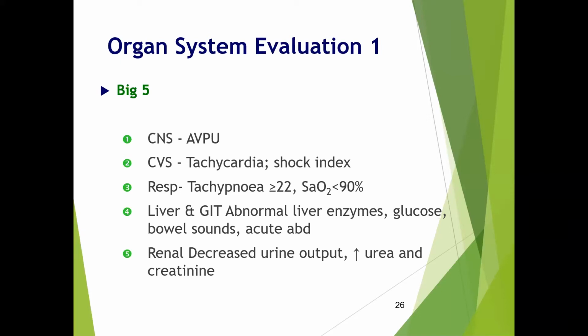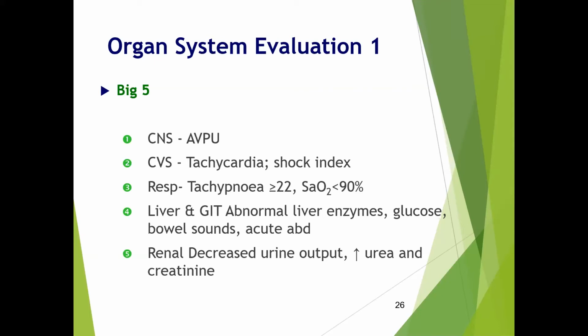Your CNS, crude AVPU, your CVS, look at your shock index, is the patient tachycardic, respiration, is the patient tachypneic, and you remember that your respiratory system is the one that usually first compensates in acid-base status abnormalities.